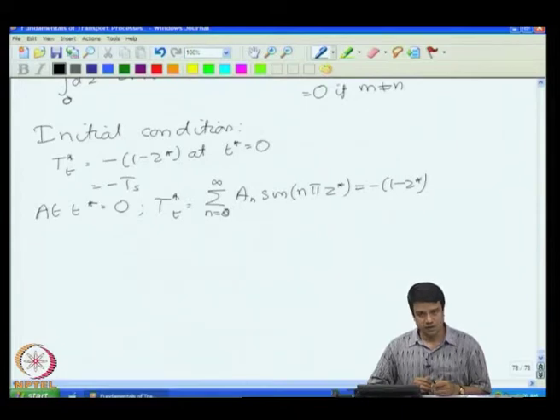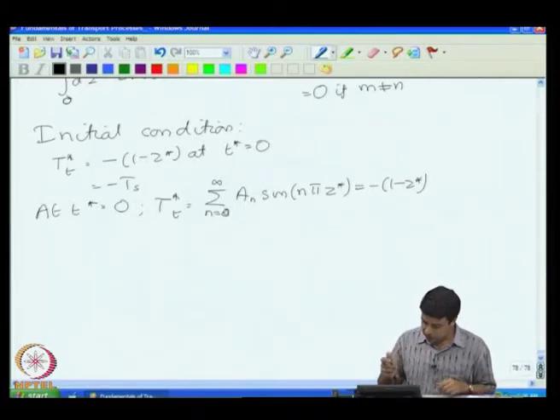So, in general you are solving for an infinite set of coefficients. This equation contains an infinite set of coefficients. But this is where the orthogonality relations can be crucial in determining each of these coefficients, and that is done as follows.